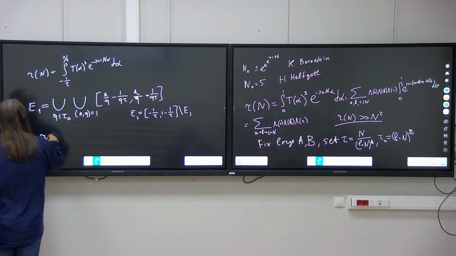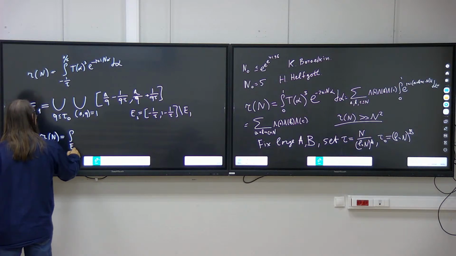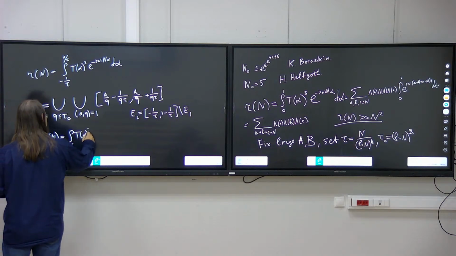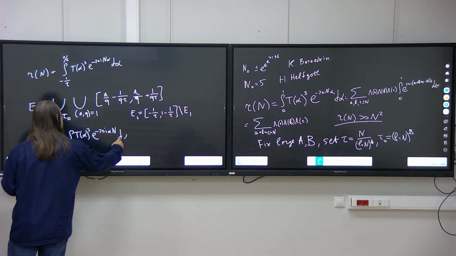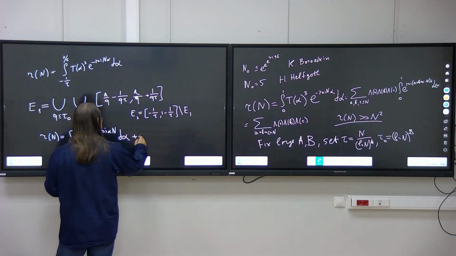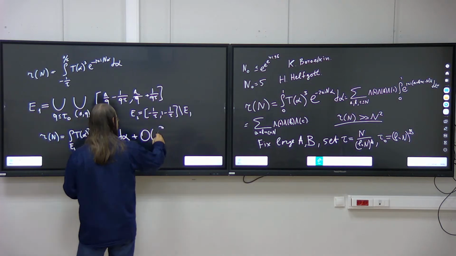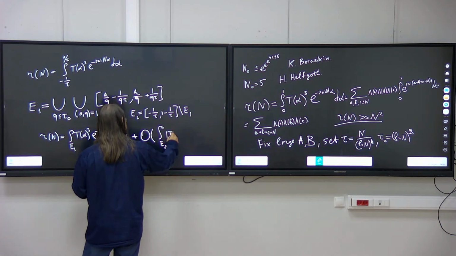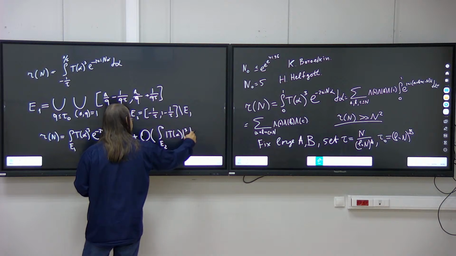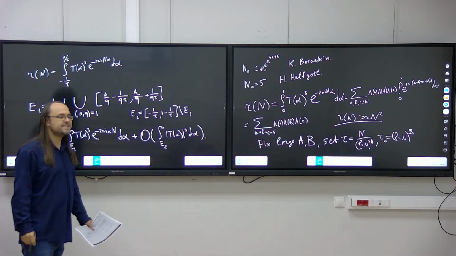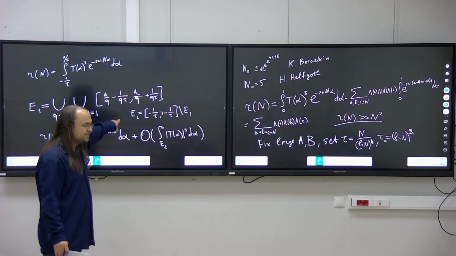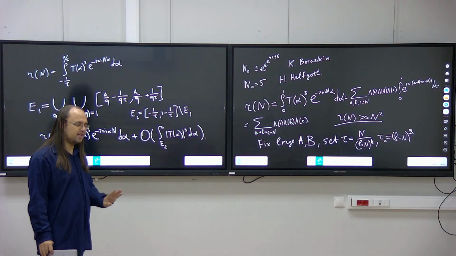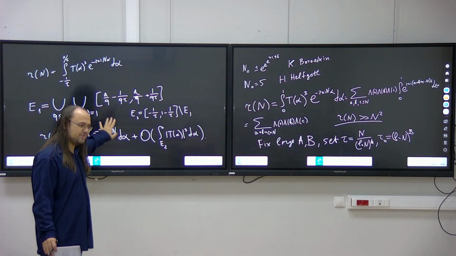Okay, so R of n is of course equal to the integral over E1 of t of alpha cubed e to the power minus 2 pi i alpha n d alpha plus big O of the integral over E2 of t of alpha cubed d alpha. What is strange about this construction is that this set E2 is actually quite large compared to the set E1.